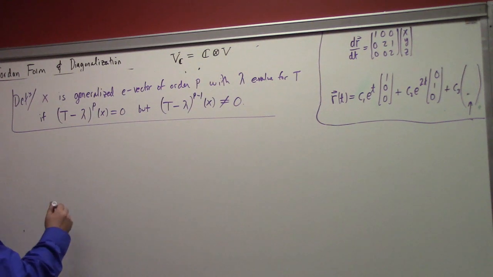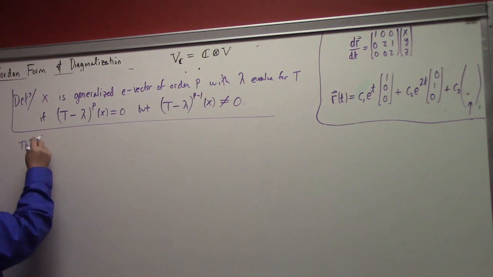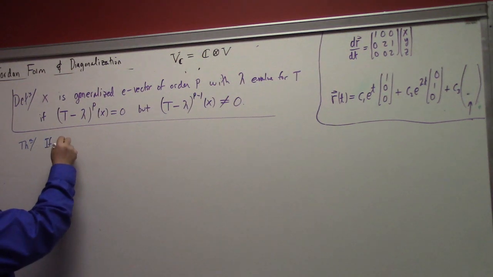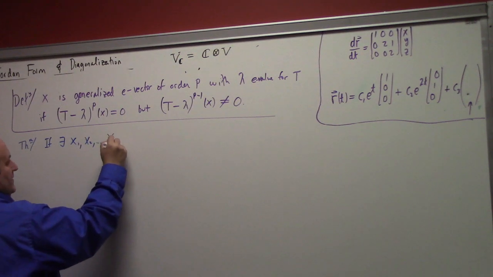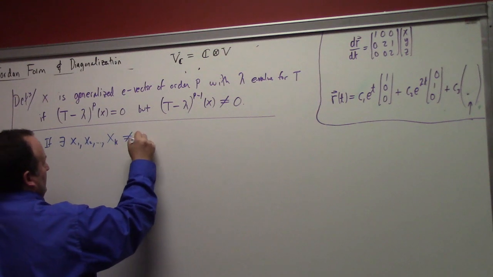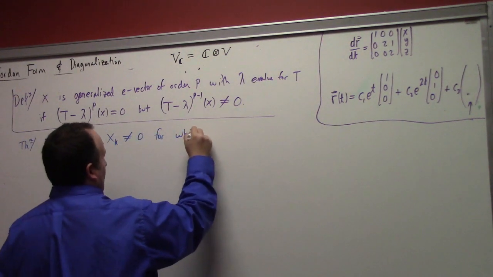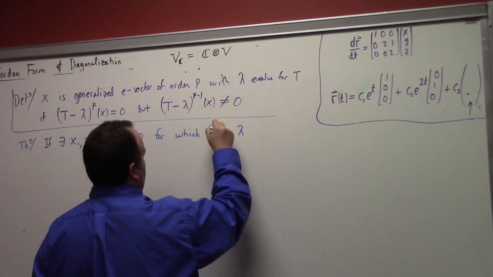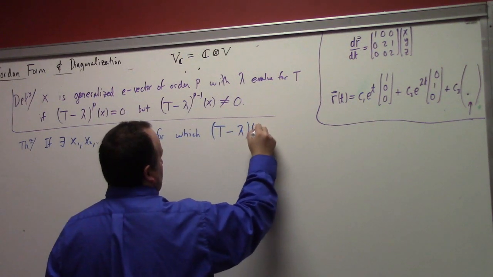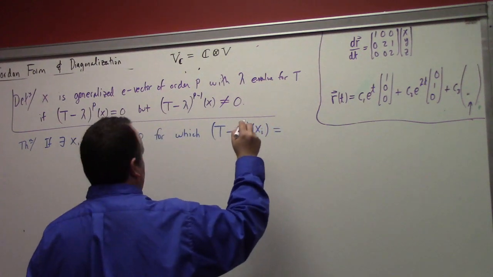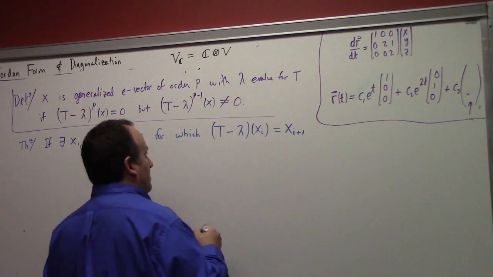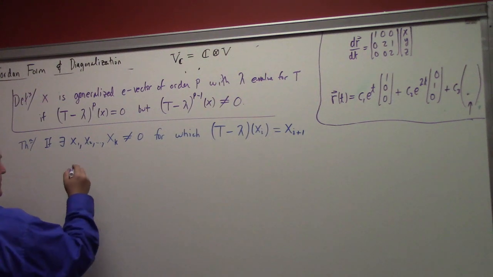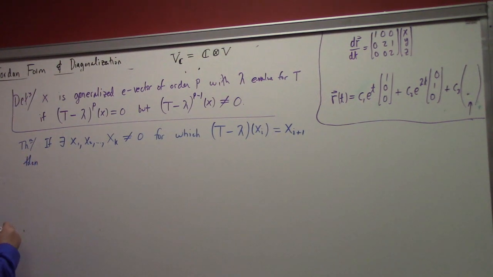But typically we don't just do this. We have a theorem, which is that if there exist, let's say, x1, x2, dot dot dot, xk not equal to 0, for which (T minus lambda) acting on x sub i is equal to x sub i minus 1, then... make sure I got the numbering right here.